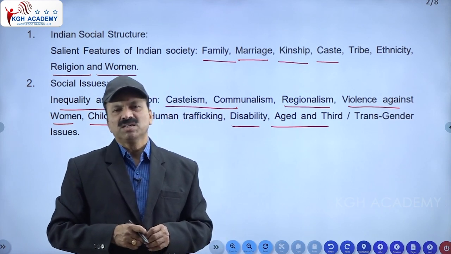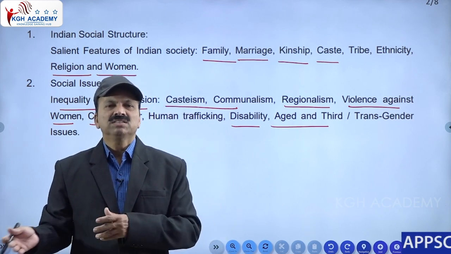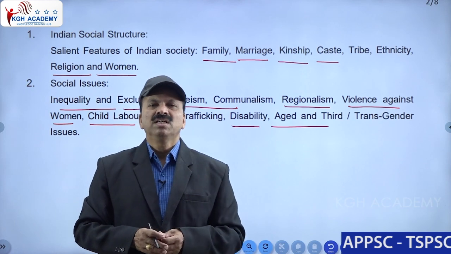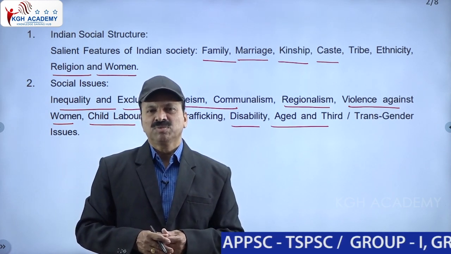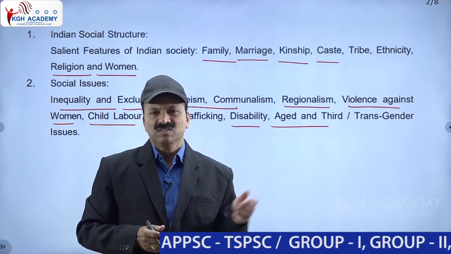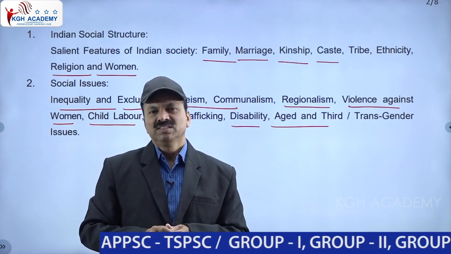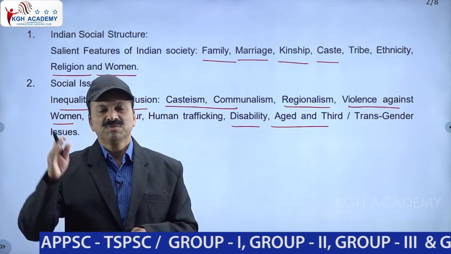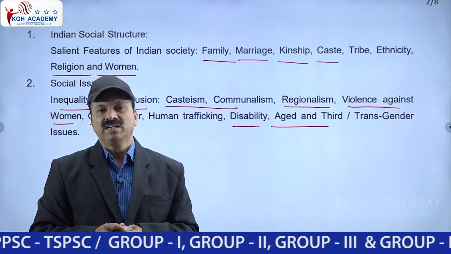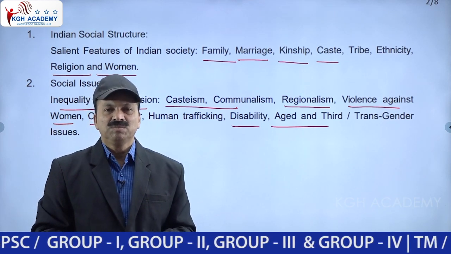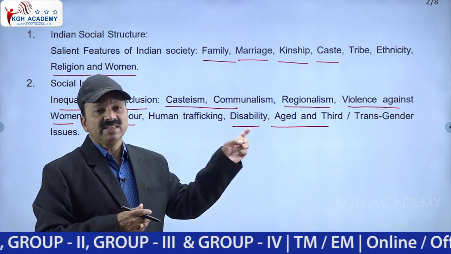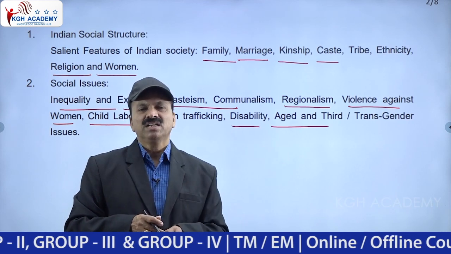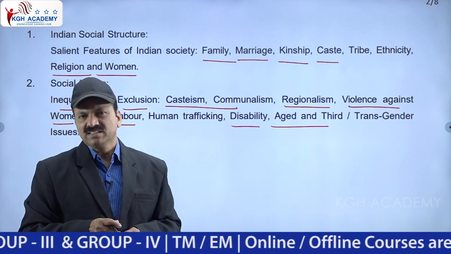Natural disability sometimes comes, and sometimes because of something that happens, one becomes disabled. An accident will take place, we lose one of the legs completely, then definitely that is disability, physically handicapped. Or sometimes by birth itself we are mentally deranged, autism, or because of polio, this and that. Because of disability, you must not be ill-treated in society.